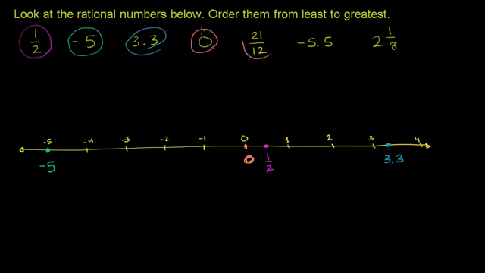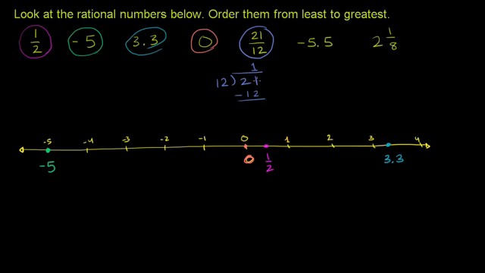To think about where to place it on the number line, let's change it into a mixed number. It makes it a little bit easier to visualize, at least for my brain. So 12 goes into 21 one time. 1 times 12 is 12. If you subtract, you get a remainder of 9.